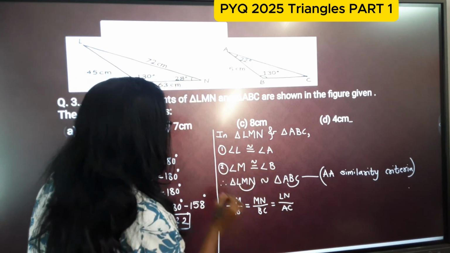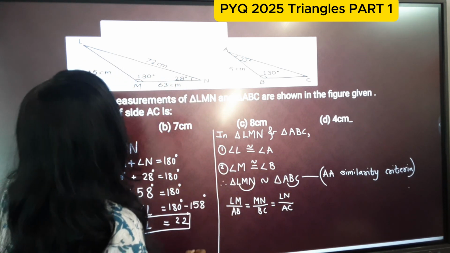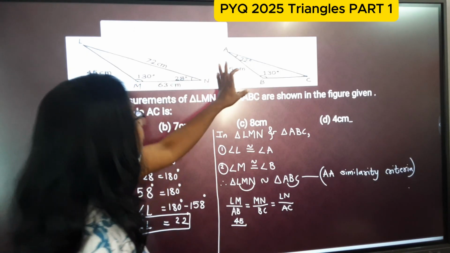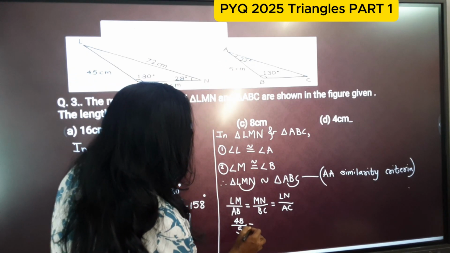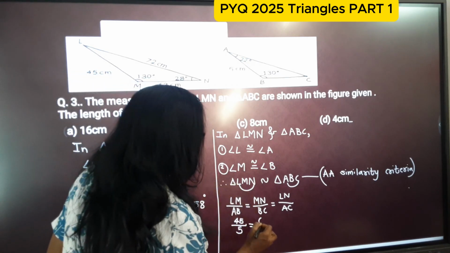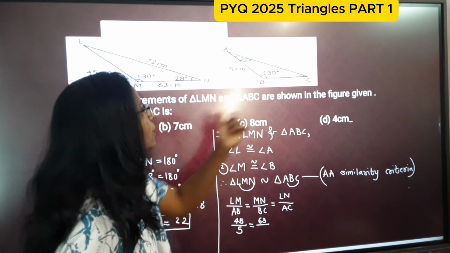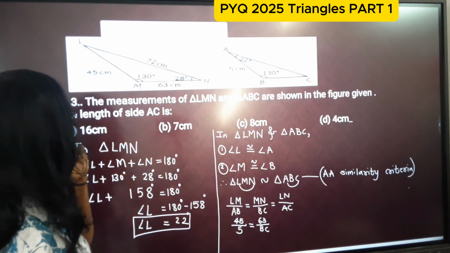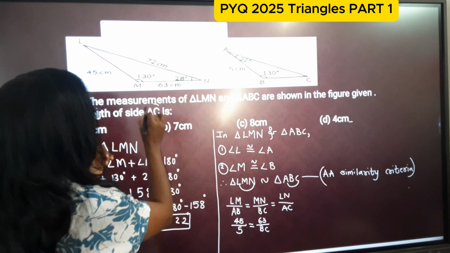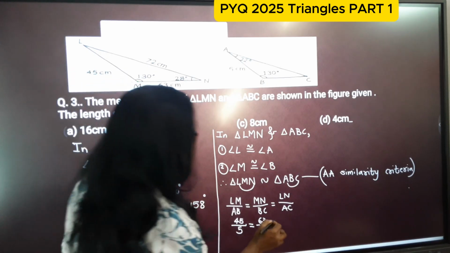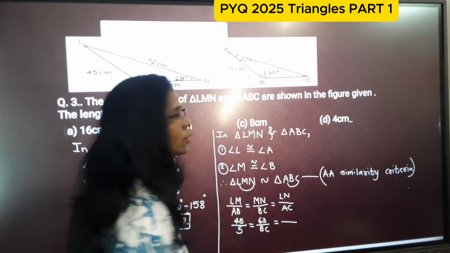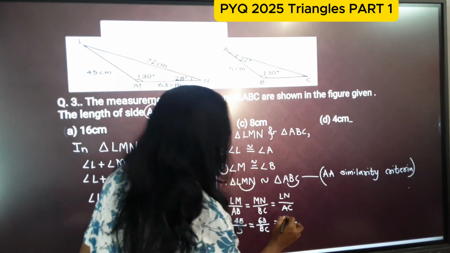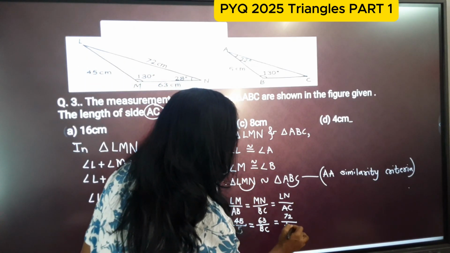So now LM given is 45, AB is 5, MN is 63, and BC we would have to calculate, but here we have to calculate AC. So we take this third ratio also, that is LN is equal to 72 and here upon AC.